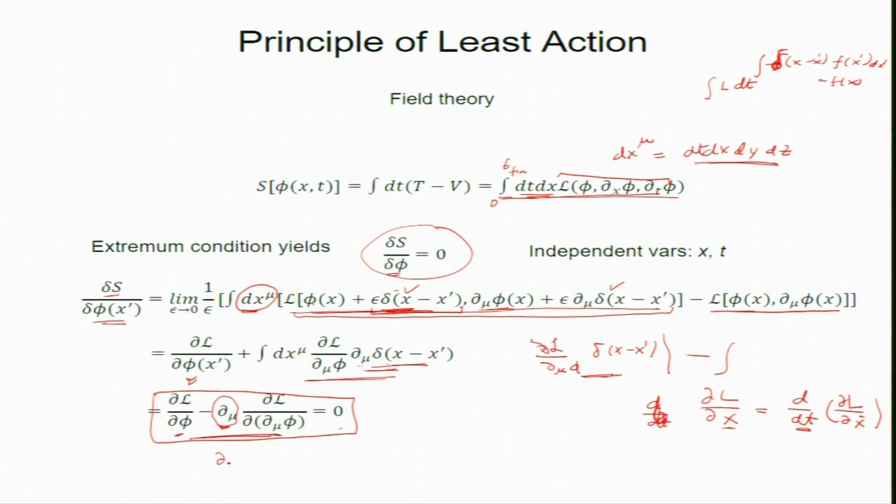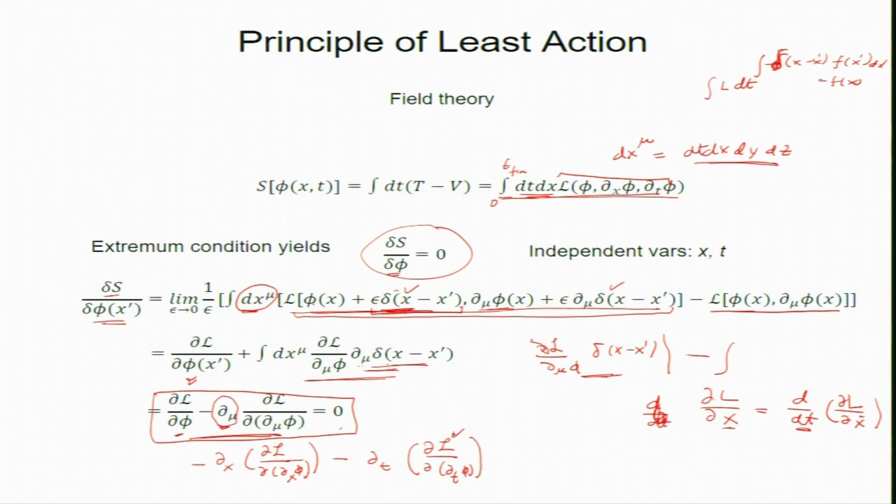So, let us write that. One will be d by dx of partial Lagrangian density by partial of del x phi, and the other one, with the minus sign, will be the time derivative d by dt of partial Lagrangian density by partial of del t phi.